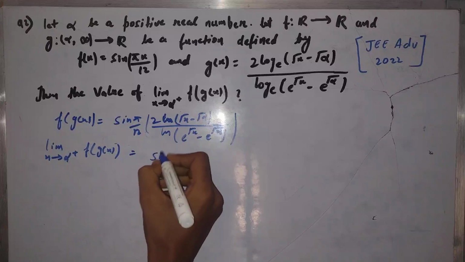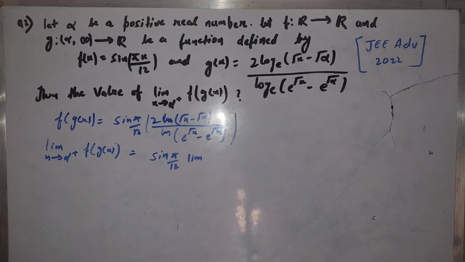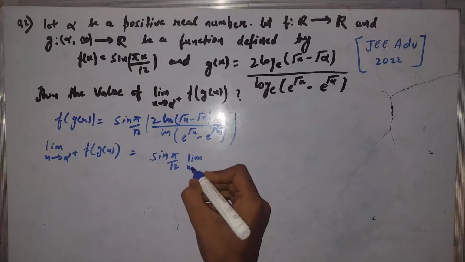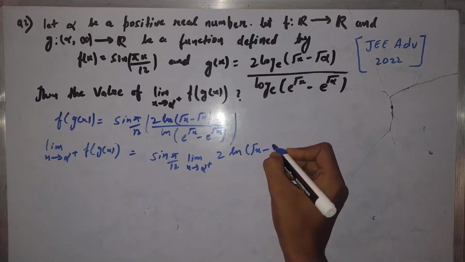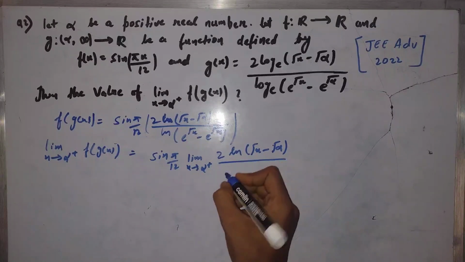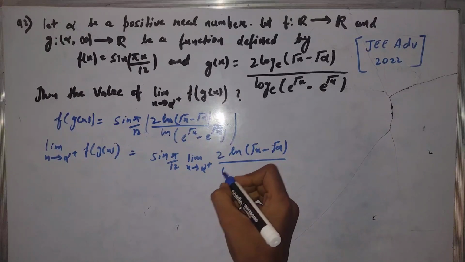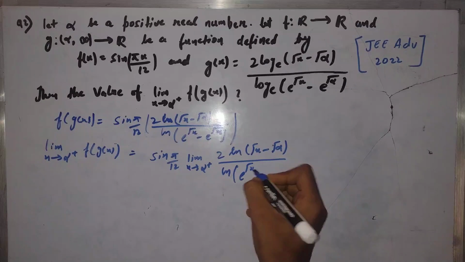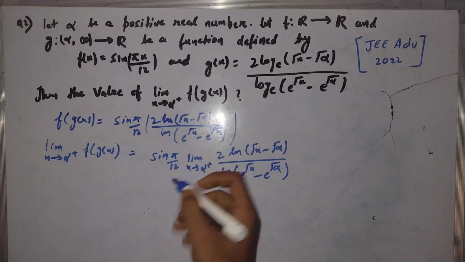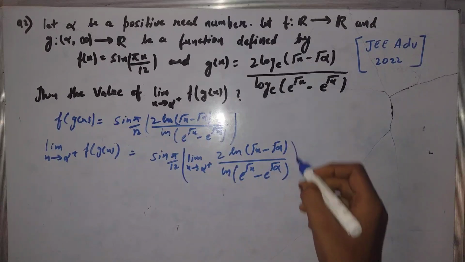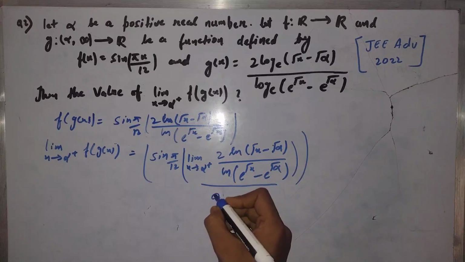This equals sin(π/12), and taking the limit inside, x tends to α plus, and this is 2 ln(√x − √α) upon ln(e^√x − e^√α). Okay, now this is what you have to find. I'm calling this limit, temporarily, φ.